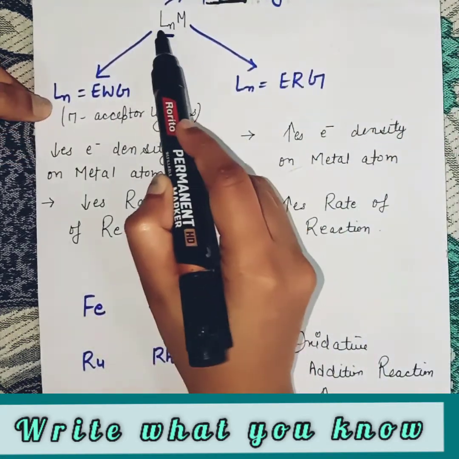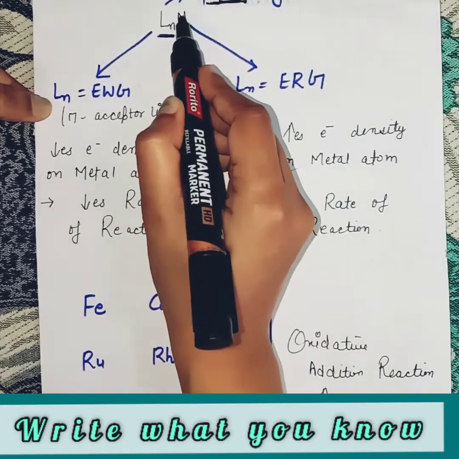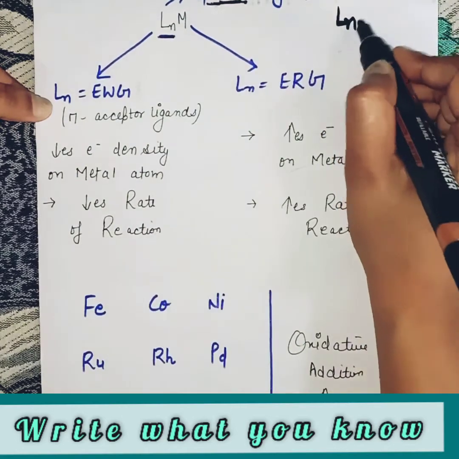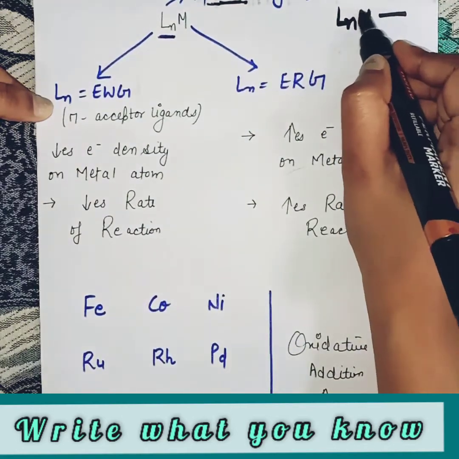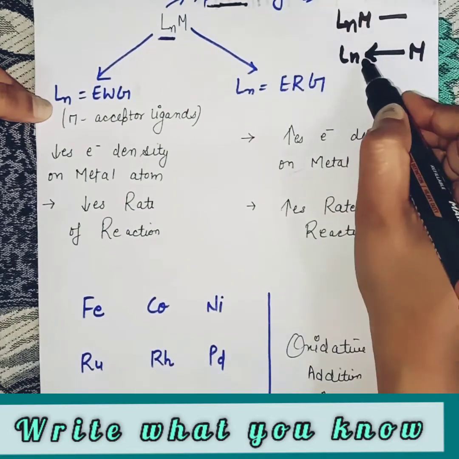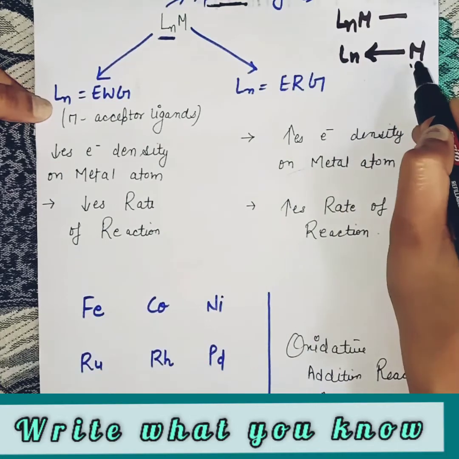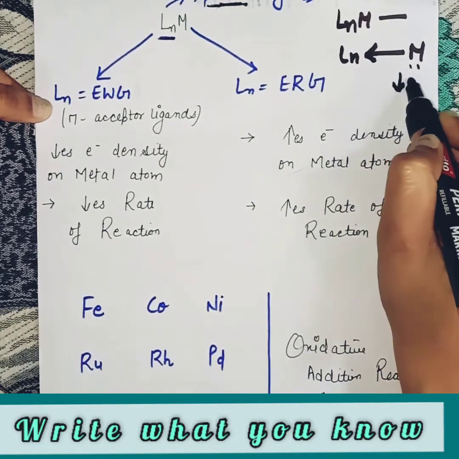If ligands are electron withdrawing groups, they withdraw electron density from the metal atom. If they withdraw electron density, then the electron density on the metal decreases.